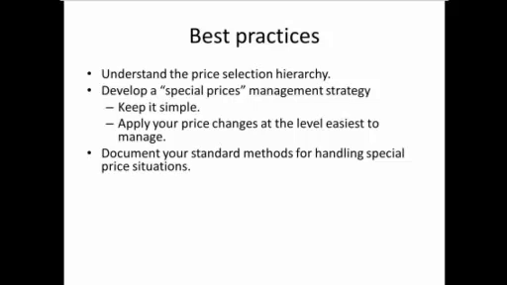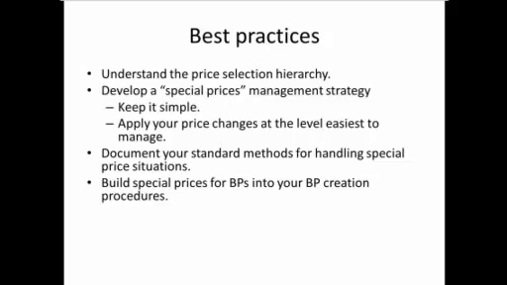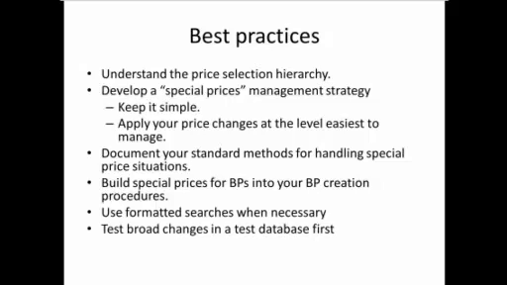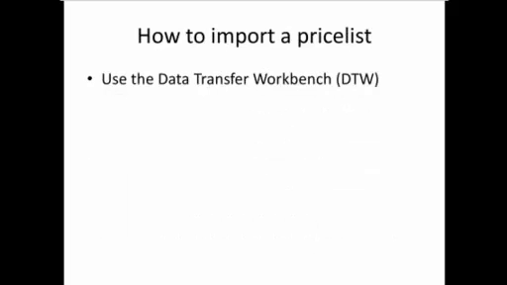Document your standard methods so that they're followed in creating business partners. And if I want to do this kind of thing, this is what I do. And so it's reliable. You know how it's going to work. Again, procedures. Make sure you include adding special prices if you're using business partner special prices. Use formatted searches. I already said it. Test changes and database. Okay.